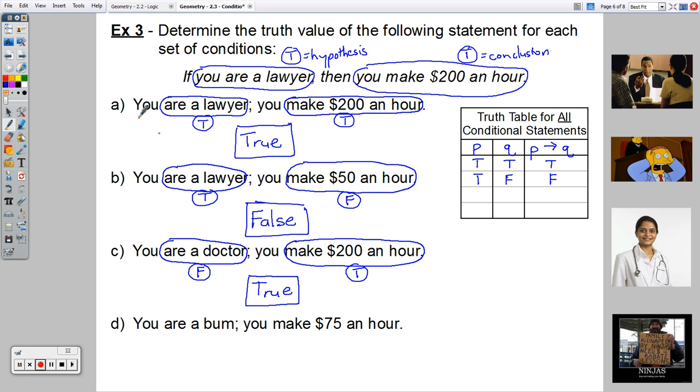So let's write that out as a little side note here. I'm going to use my different color for this side note, but I think it's very important that we write this down. So if the hypothesis is false, we can't say anything about the conclusion.